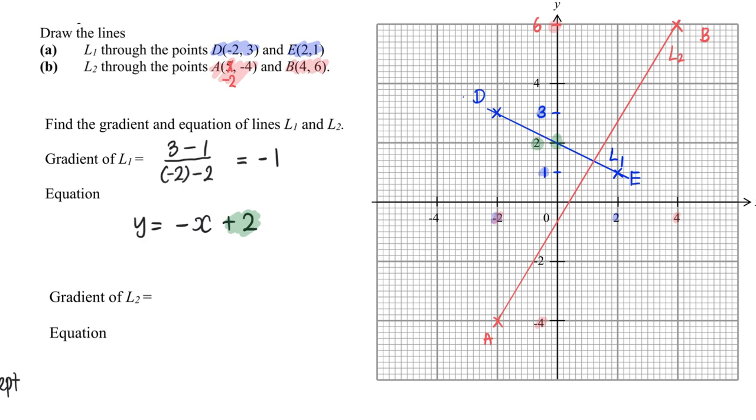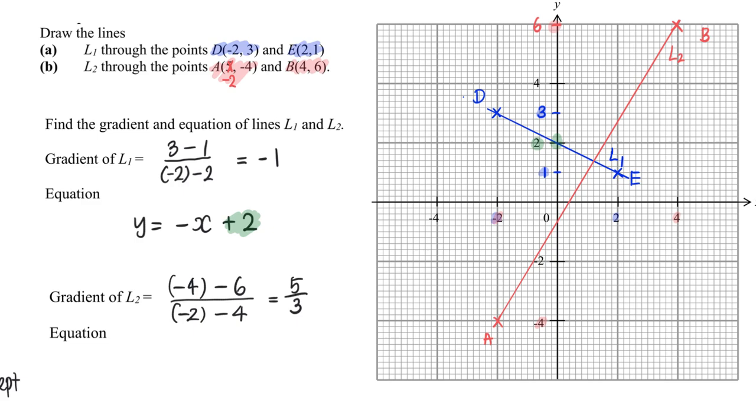Replicating this method, for L2, the gradient would then be negative 4 minus 6 over negative 2 minus 4. And this will give me a value of 5 over 3. Okay?